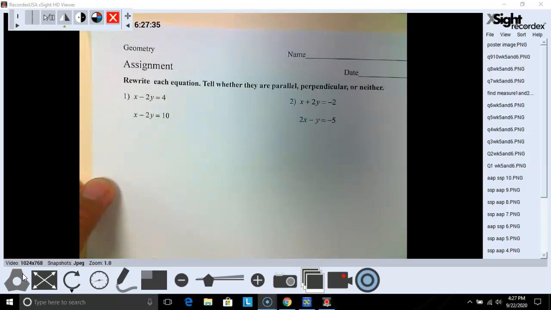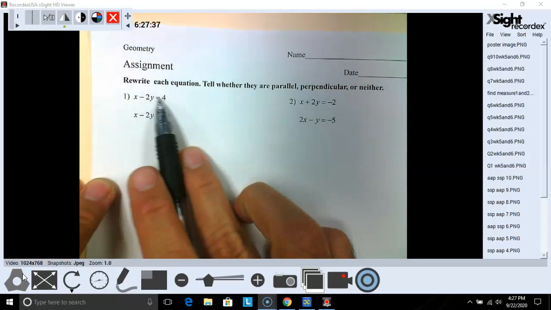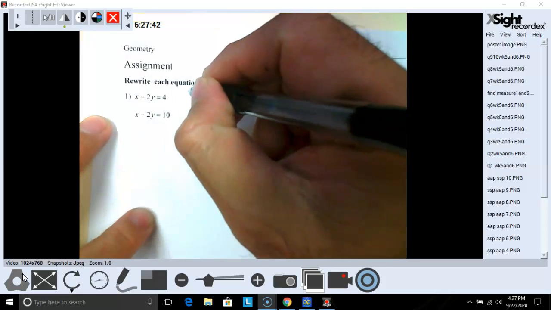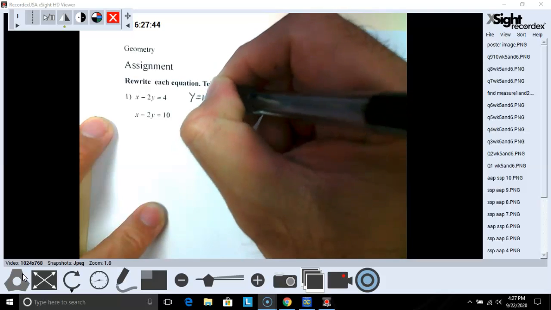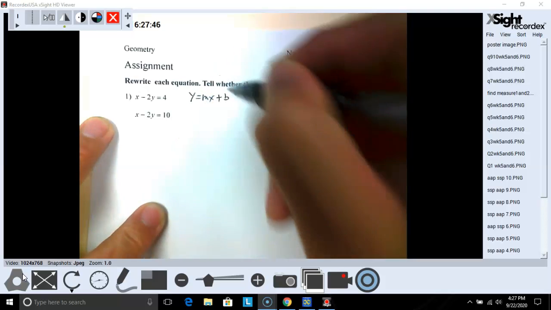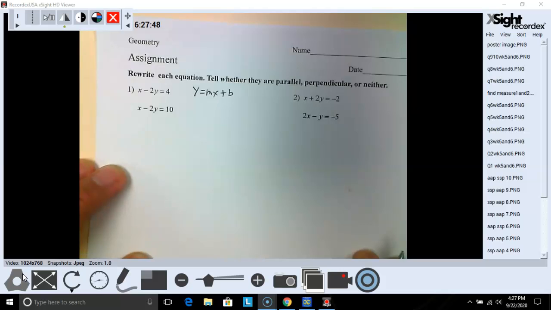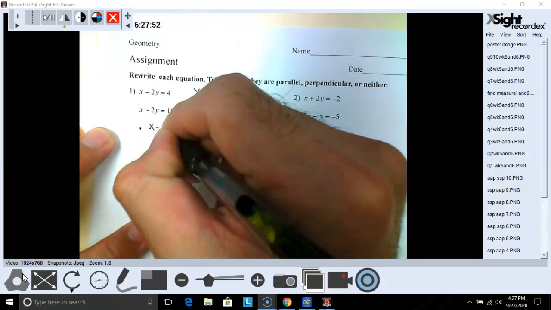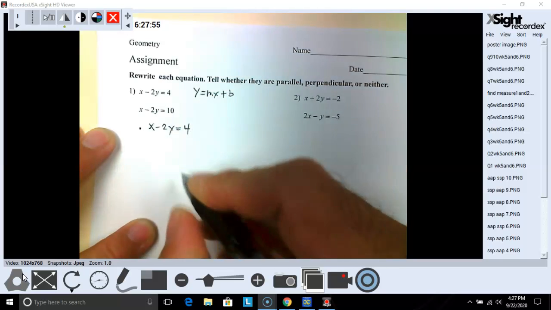Okay, so first things first, rewrite the equation in y-intercept form. It has to be in this form: y is equal to mx plus b. Let's start with the first equation here: x minus 2y is equal to 4.